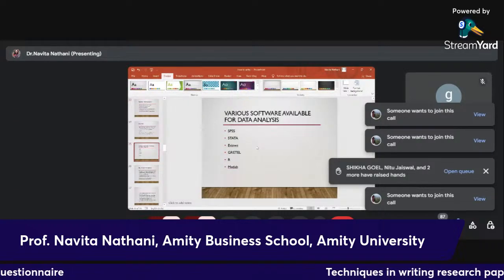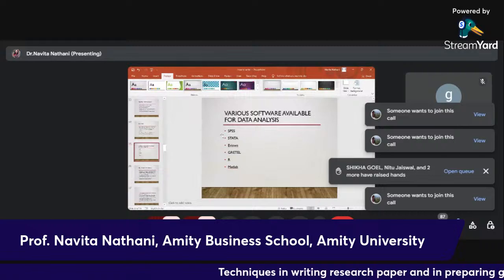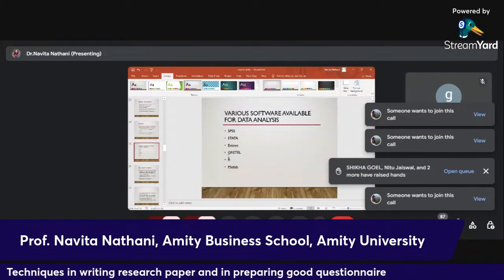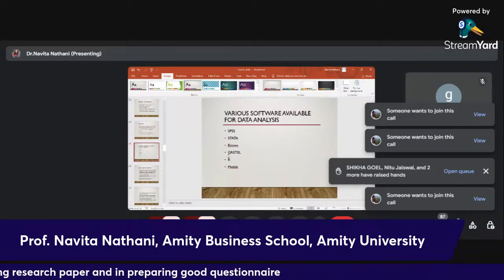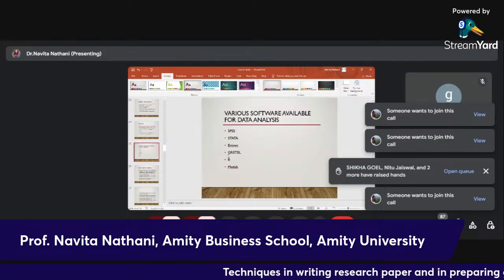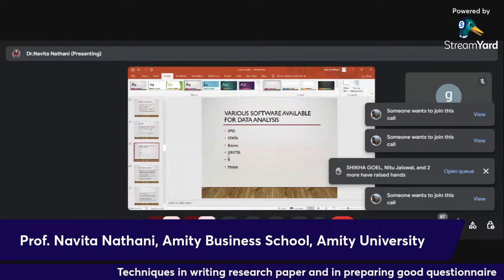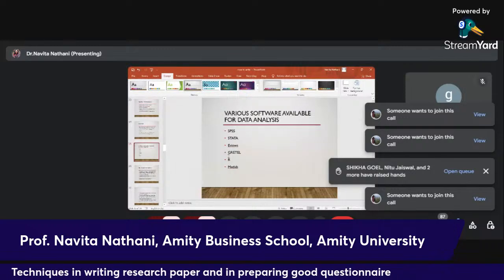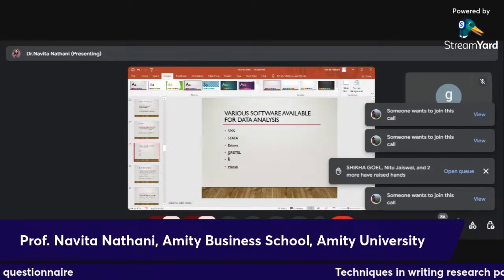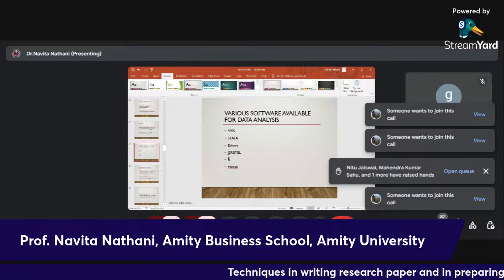These are the various software available for data analysis, like SPSS, Stata, EViews, Gretl, R, MATLAB. Out of all these, R is openly available software. I don't know whether your university has a subscription to SPSS or EViews or not, but if they do not have any license or subscription for these software, you can do research with the help of R. And the beauty of R is that you can easily update your data.